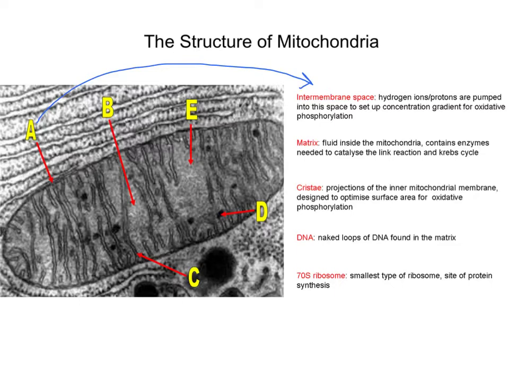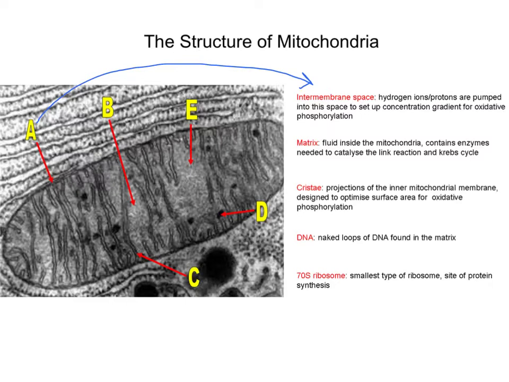The intermembrane space, it says there, allows for hydrogen ions or protons to be pumped into that space to set up concentration gradients for what is known as oxidative phosphorylation. Now, oxidative phosphorylation is a stage in respiration. Now, mitochondria is the site of aerobic respiration, and oxidative phosphorylation is one of the key stages in aerobic respiration.